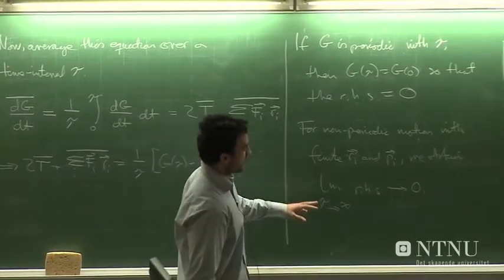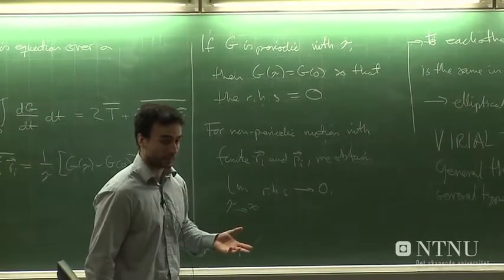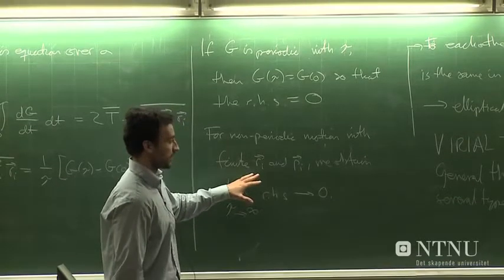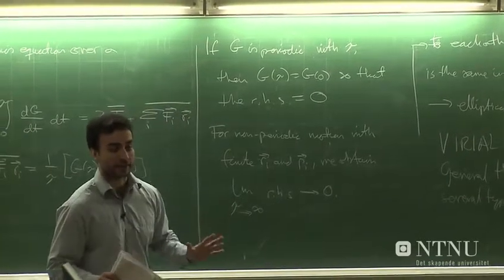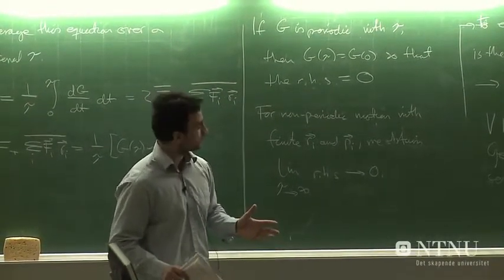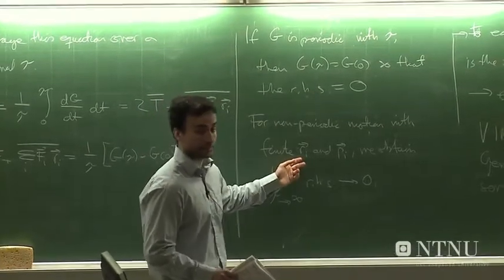One thing that we can immediately conclude is that our system here has to be confined in some way, because we need finite position vectors.